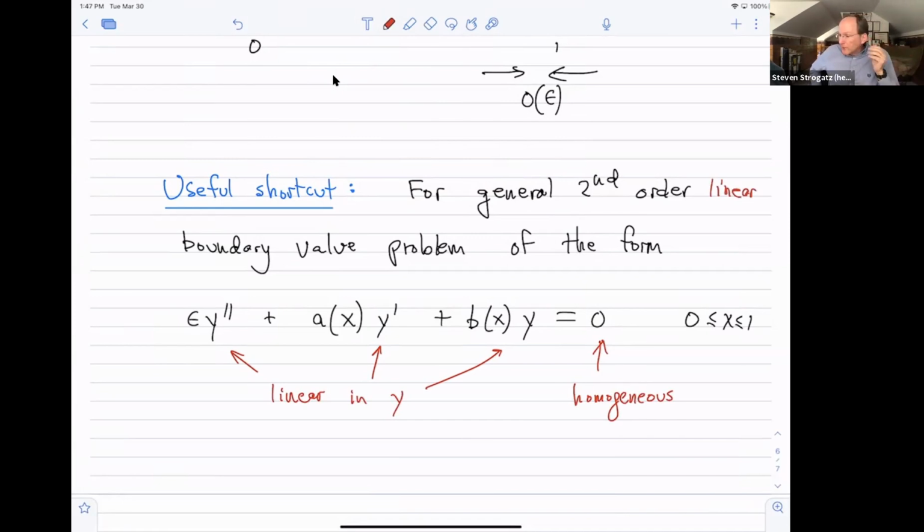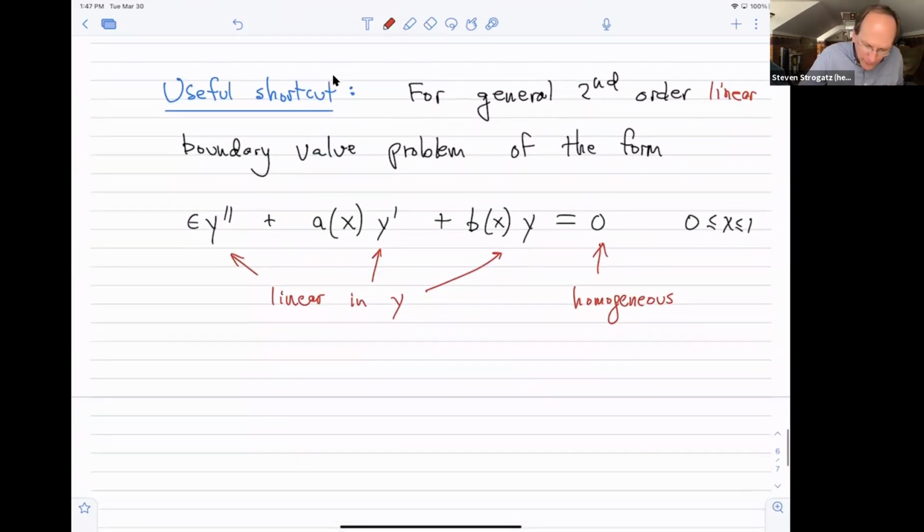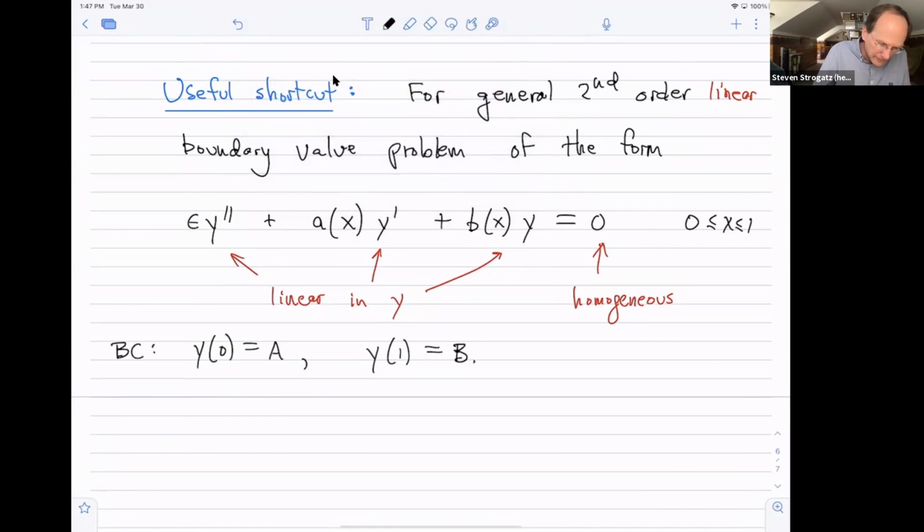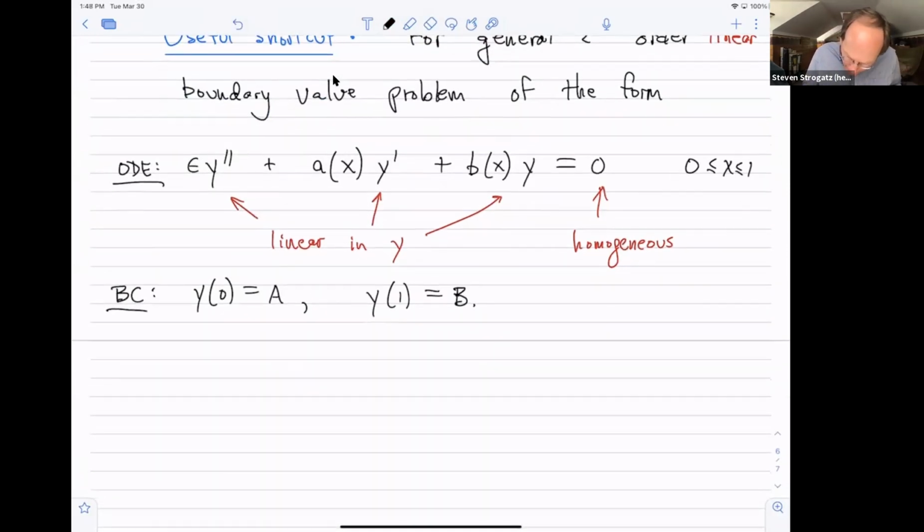Then we can say something pretty nice. Suppose we have simple boundary conditions where I give you the value at both endpoints. So y of 0 is some constant a, y at 1 is some other constant b. So this is the ODE. These are the boundary conditions. All right, so for any problem of that type, here's what we can say. Oh, and also we're thinking of epsilon much less than 1, but greater than 0, as usual.